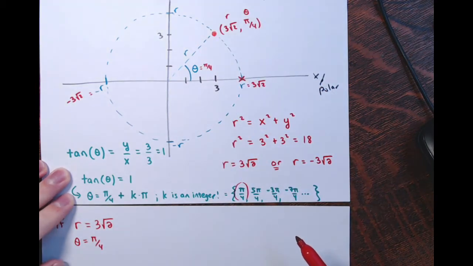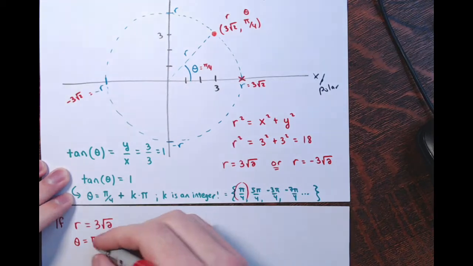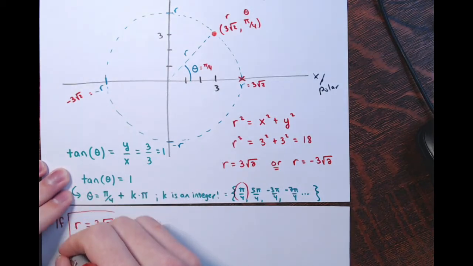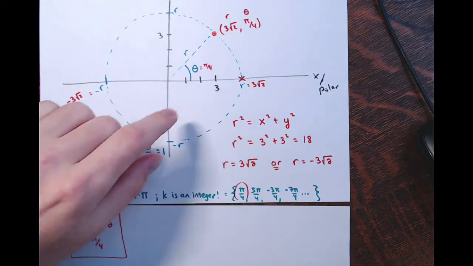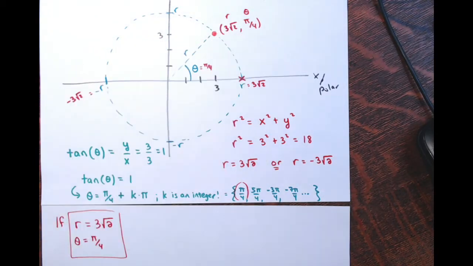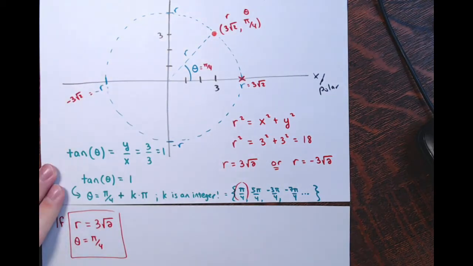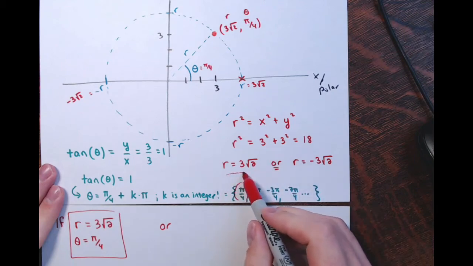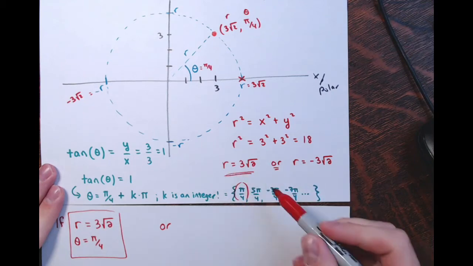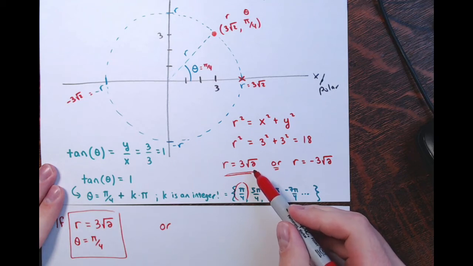So r, theta equals 3 root 2 and then pi over 4 for theta. That's one answer. But that's not all. Like I said, there's infinitely many polar coordinates for any location. So that's if I chose the positive value of r, which they probably will have you do in most cases. Just got to pay attention, read the directions.